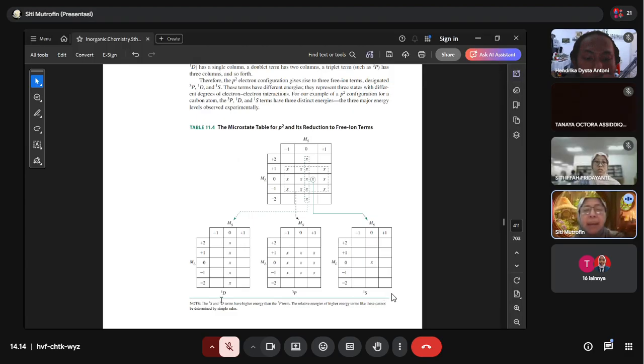They are 1D, 3P, and 1S. You can open your own electronic books. Now I'm trying to give you a better picture of what the free ion terms or term symbols mean.